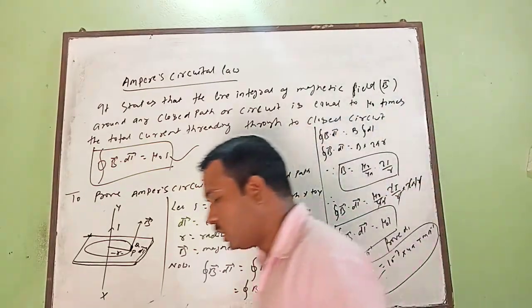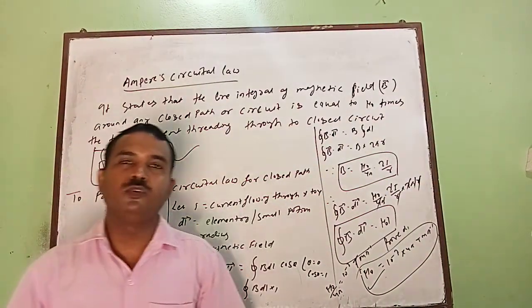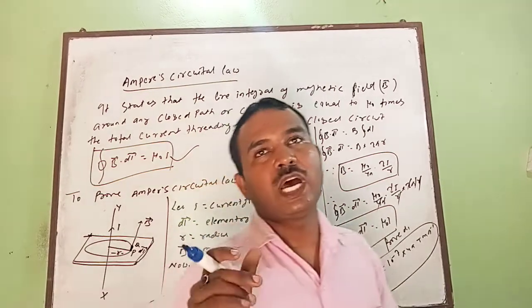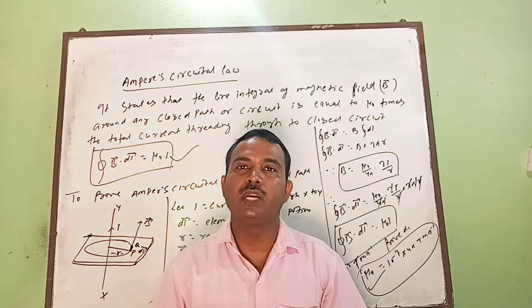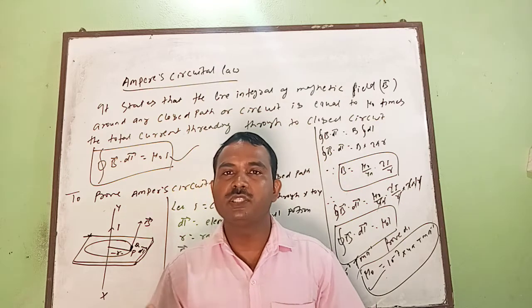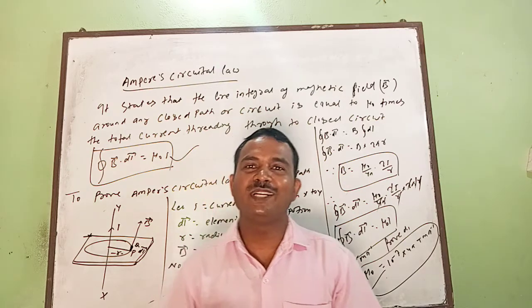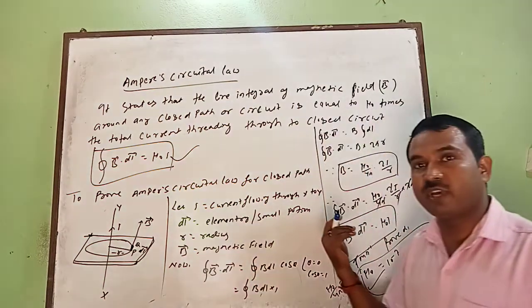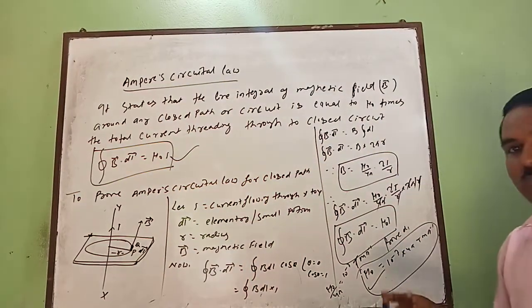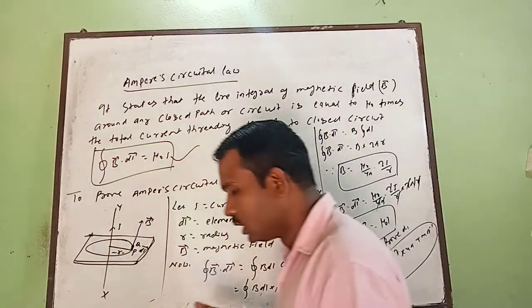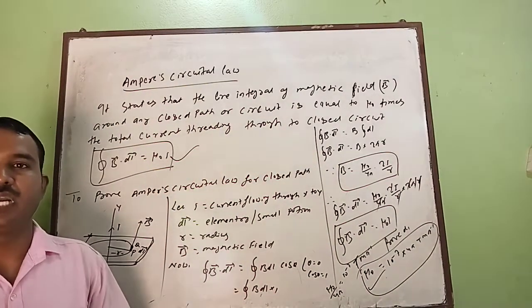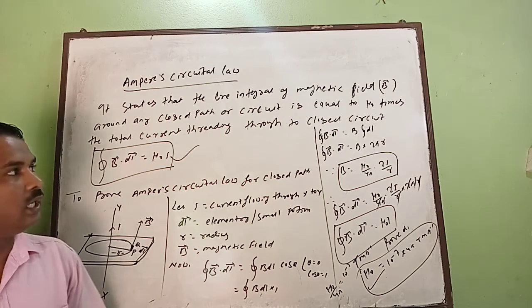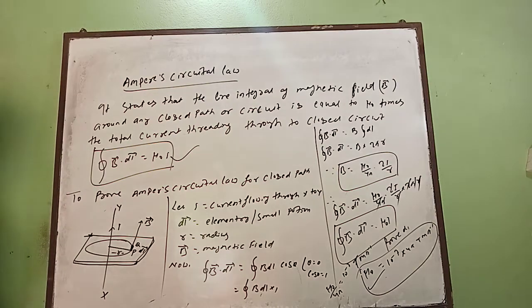There is one more case that you have to prove, that is for the arbitrary path, and that we will discuss in the next class. Students, you should write this question, that's very important for all boards, and also for those preparing for JEE Advanced, Mains and other competitive exams.